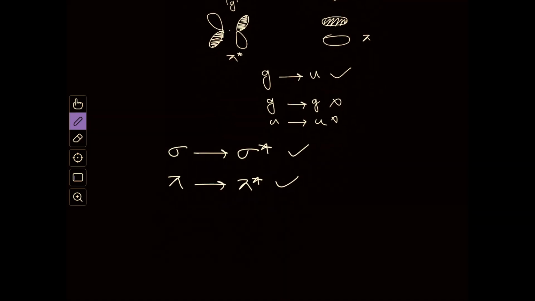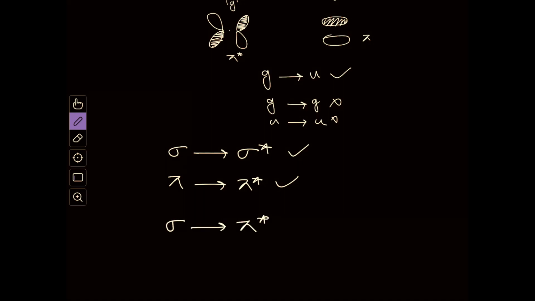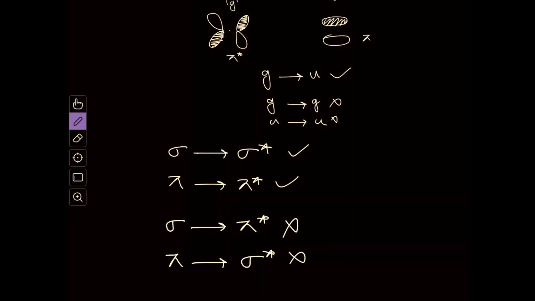These two are allowed, but from sigma to pi star or from pi to sigma star, these two transitions are not allowed by this selection rule. So this selection rule is all about the orbital symmetry, and it tells that transition between two orbitals which are not of same symmetry, these are allowed, but transition between two orbitals of same symmetry, they are not allowed.